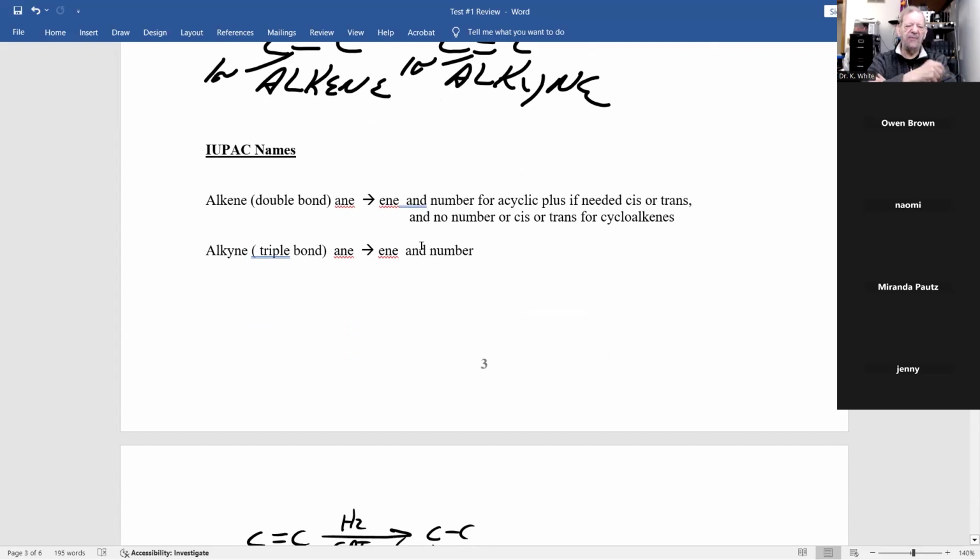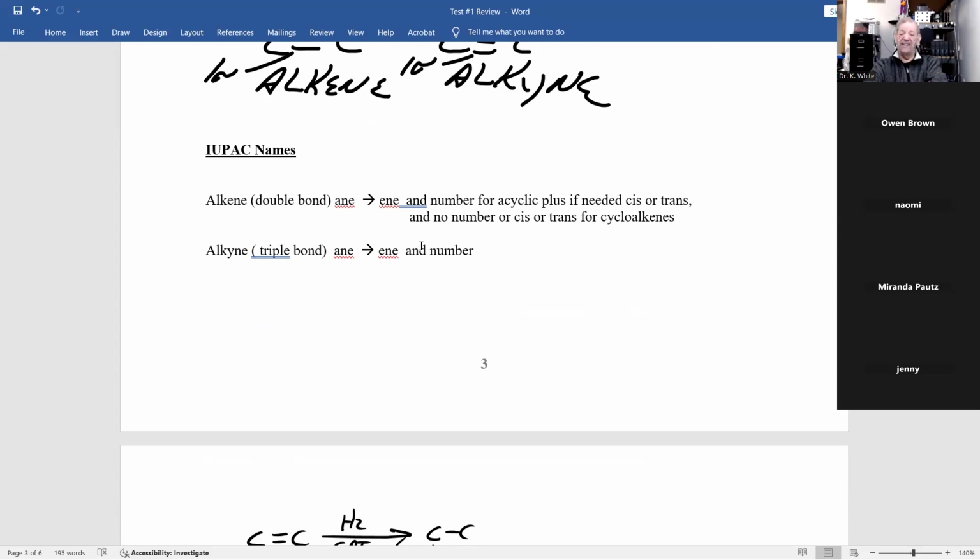Now, how do you name these? By the IUPAC or official name. For a double bond, find the longest chain that has both carbons of the double bond, or it could also be a ring, and drop the A on the ending, like butane, and put in butene. Now you need a number, and I'll show you in a second, for acyclic.